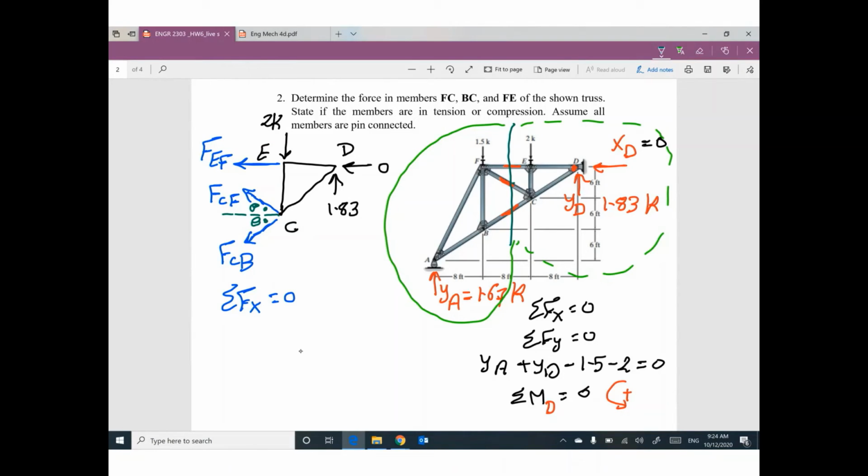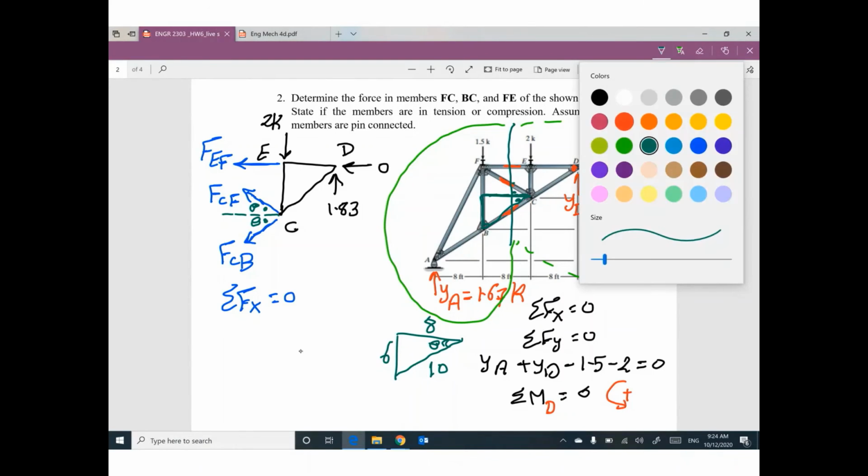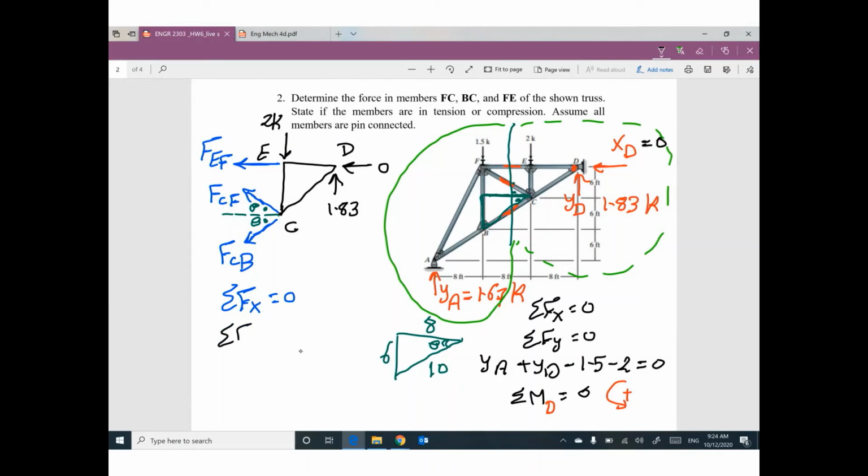And you can put this angle inside a right angle triangle like this one. In this right angle triangle, this horizontal distance is 8, this vertical distance is 6, the third one will be 10. So I can figure out sine and cosine. It's very easy. Then we have summation Fy equals 0.